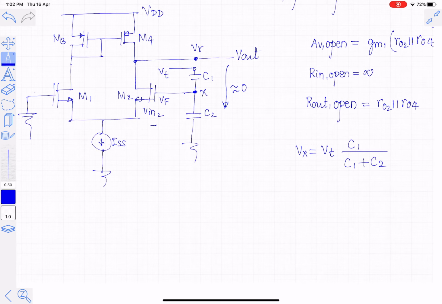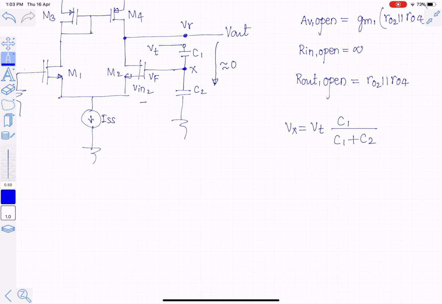If we know the voltage at the gate of M2, we can write directly the output voltage. So VR, that is the output voltage, is equal to input voltage Vx multiplied by gain.